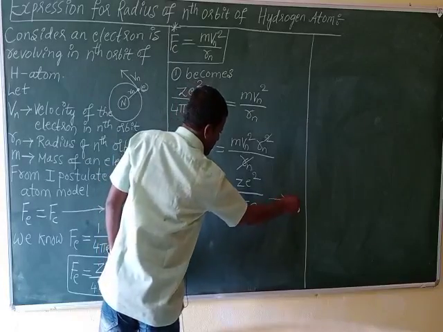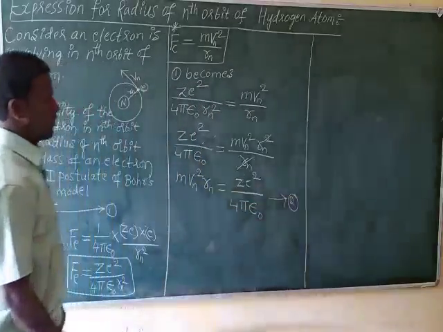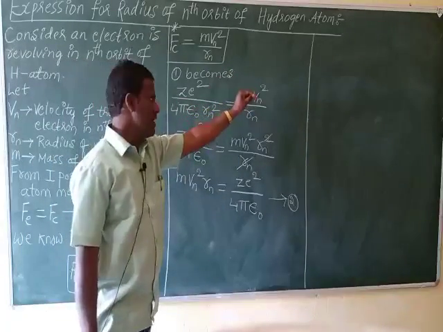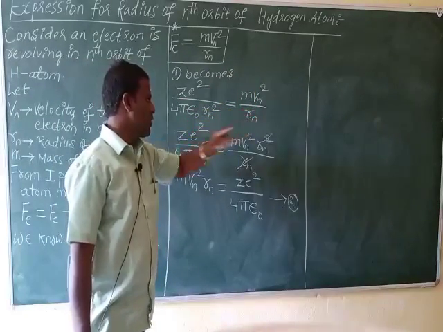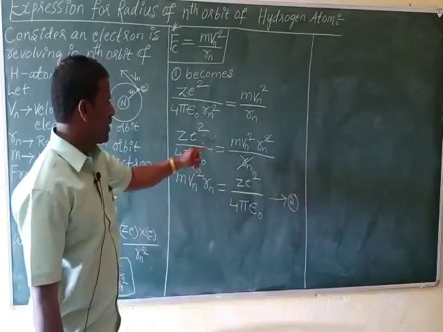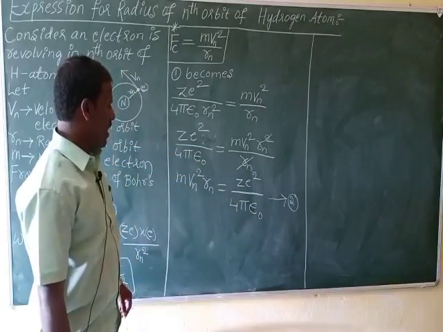Equation number 2. This is equation number 2. Here what happened is we found this Rn square; Rn square divided by Rn means one Rn cancels here. So Z e square by 4 pi epsilon equals m vn square Rn.